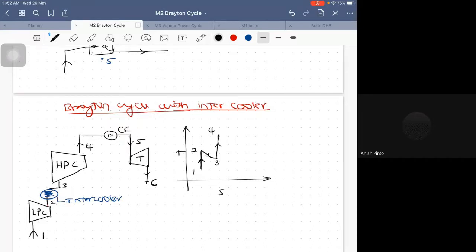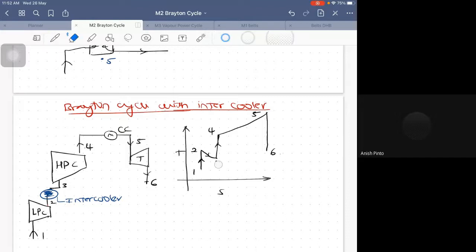From state 4, the heat addition process takes place up till state 5. Now, from state 5 to state 6, expansion would take place in the turbine, not heat rejection.